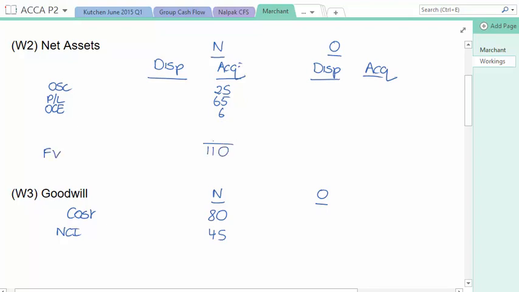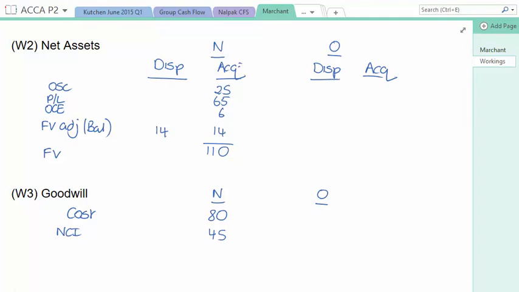And we know that the fair value is 110. Therefore, we can work out our fair value adjustment, and that's the balancing figure. So we've got a fair value adjustment of 14. And this relates to land, so therefore that's still going to be the position at the disposal date.